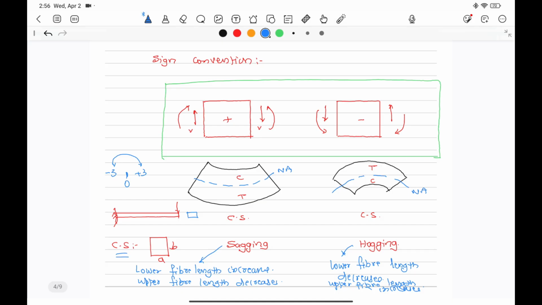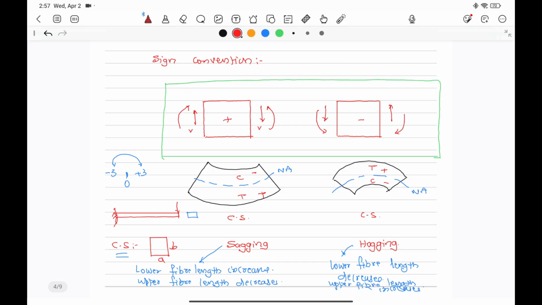Here, whenever length increases, what is that? It is a strain. It's a tensile strain. That means it is a positive strain. Here it is a negative strain, compression. Tension means positive strain. Whenever there is, that means strain changes the sign from positive to negative or negative to positive.